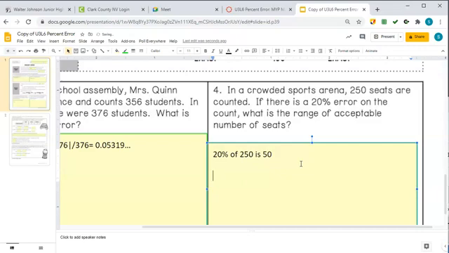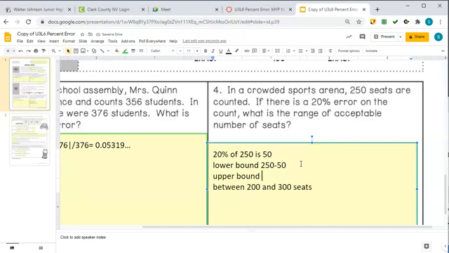So we expect there's somewhere between 200 and 300 seats. And we got that because we did 250 minus 50 for the lower bound, and then 250 plus 50 for our upper bound.